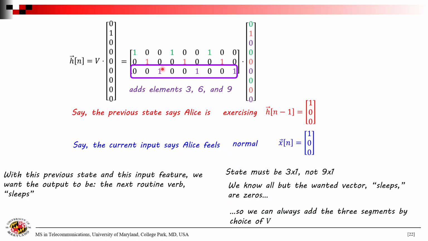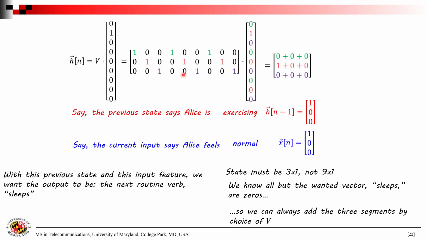And you can see here in positions 3, 6, and 9, there's a 1, which means when I multiply this by that, when I do that inner product, it's going to add these three purple values. If the activation did its job properly, then only one of these guys is going to be non-zero at any given time. So when I do the matrix multiplication of these two guys, I'm going to get the three greens added on row 1, the three oranges added on row 2, the three purples added on row number 3.